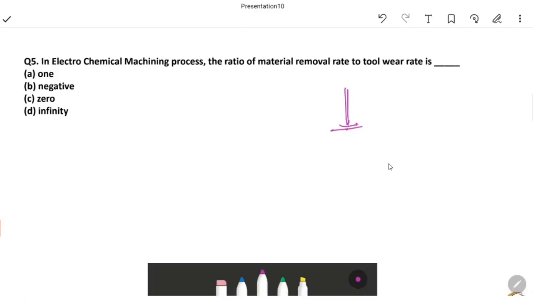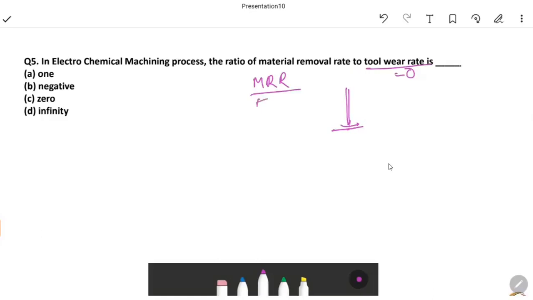Some layers may be formed on the cathode surface, and that hinders the reaction kinetics. Anyway, that is an exceptional case. Ideally, the tool wear rate is zero. So something by zero is infinity.